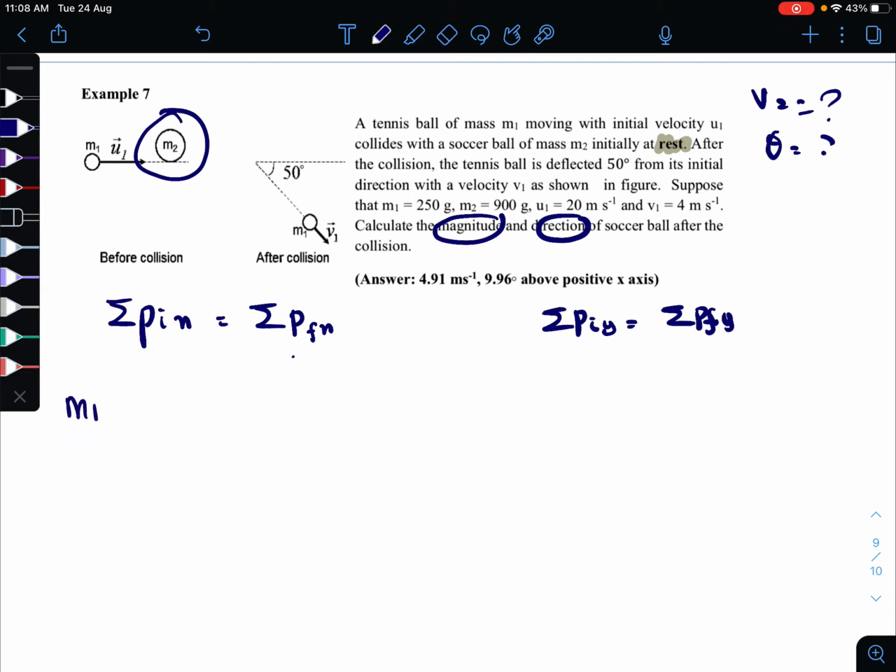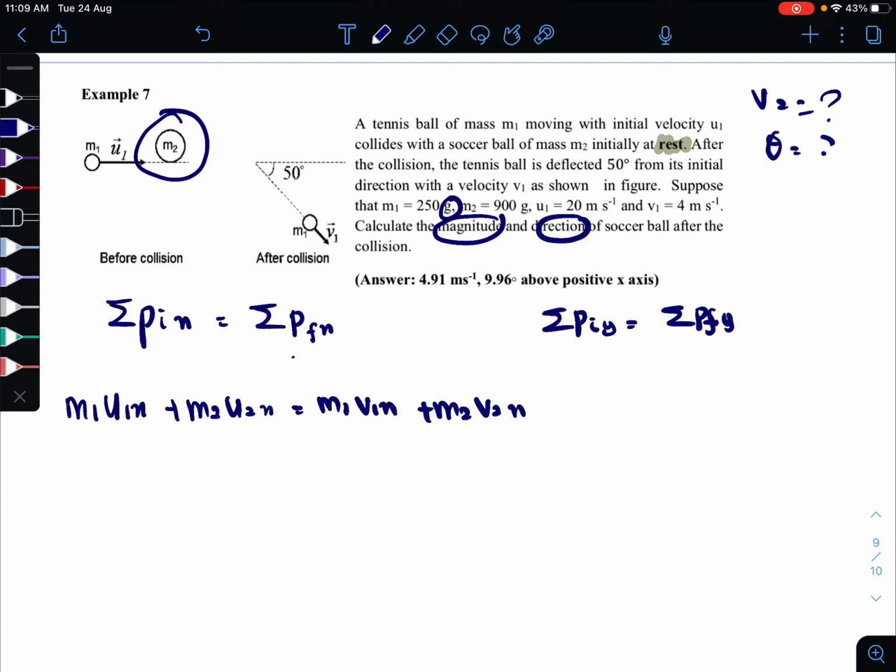I'm going to put M1 U1 along X plus M2 U2 along X is equals to M1 V1 along X plus M2 V2 along X. So as you can see, the mass one is given in gram, so you have to convert it to kilogram.